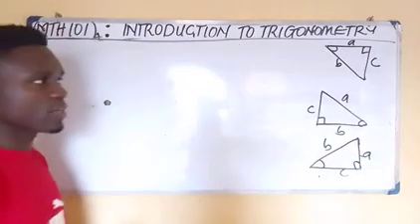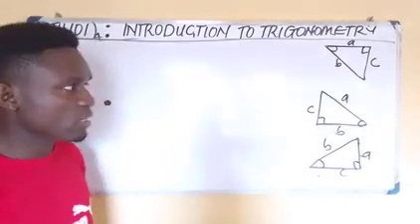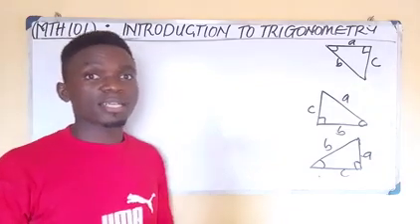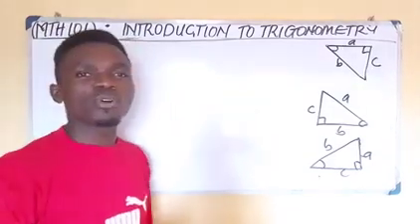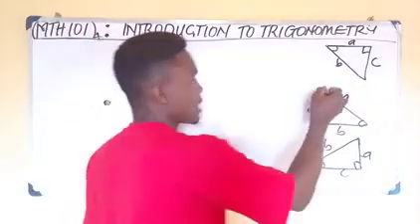Alright, based on what I have here, how will you indicate the opposite, the adjacent, and the hypotenuse? The hypotenuse is always the side facing angle 90, which is this part.